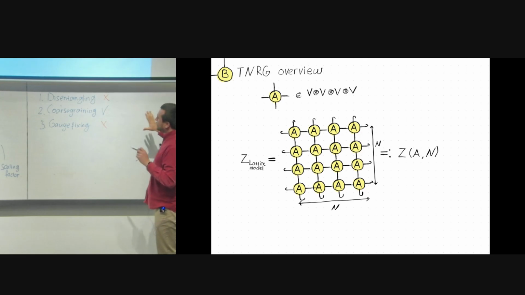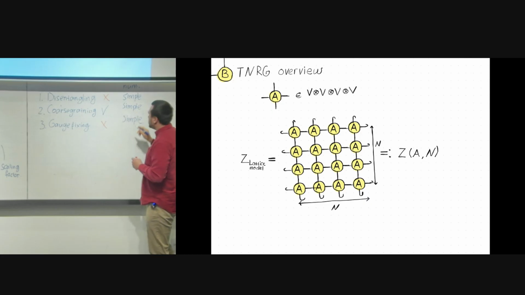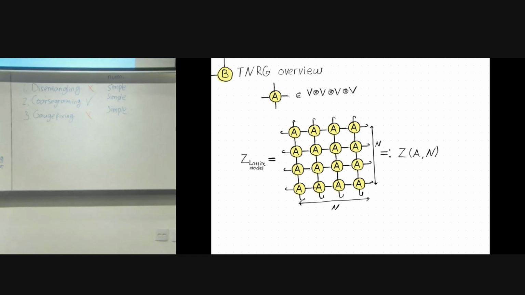But I would like at least give some grading to all these things so you would know what is a challenging part, what is not challenging part. And so for numerics, everything is simple. Simple, simple, simple. There is a gazillion of algorithms which can perform all of this. You can get quite good results.